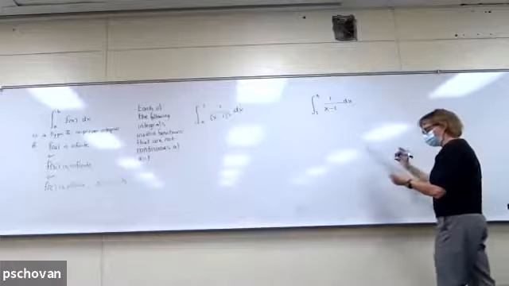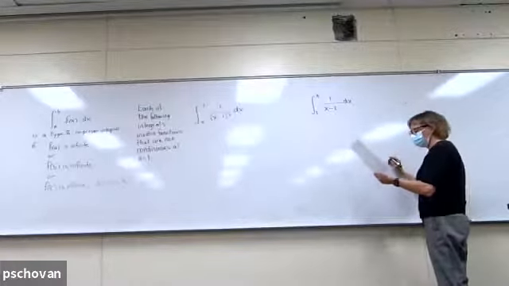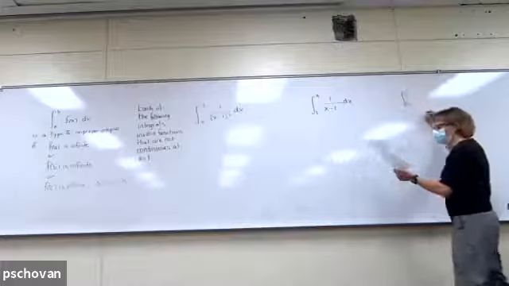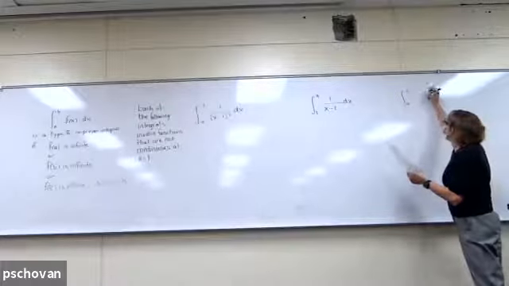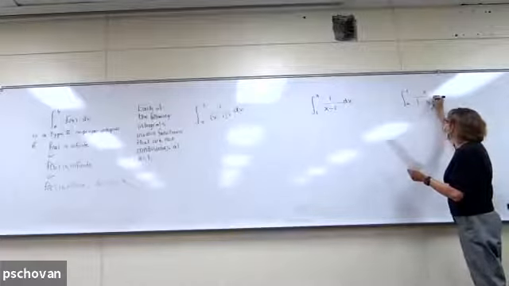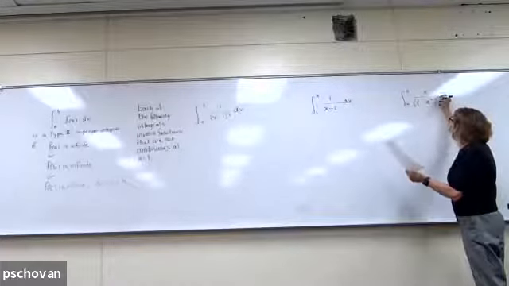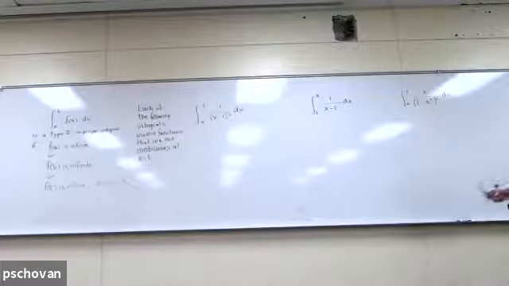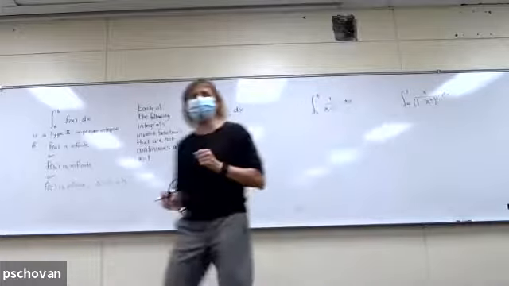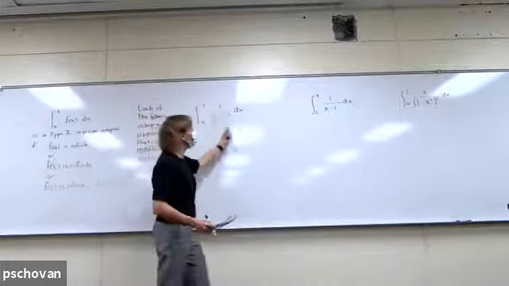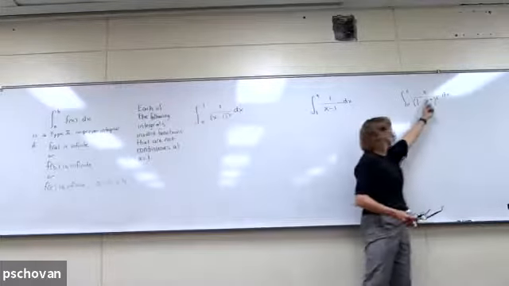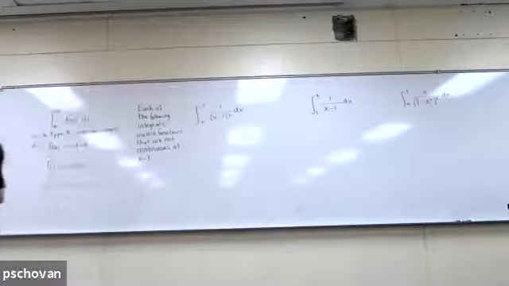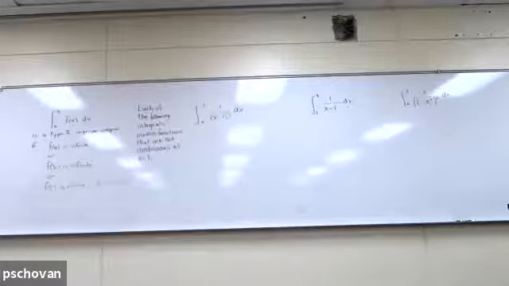And the third one is the integral from 0 to 1 of x over (1 minus x squared) squared. And x equals 1 is the only discontinuity of each of these, because it gives me 0 in the denominator. So all three of these are improper integrals of this type 2 nature.